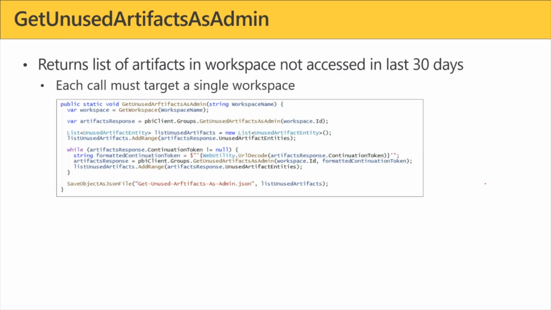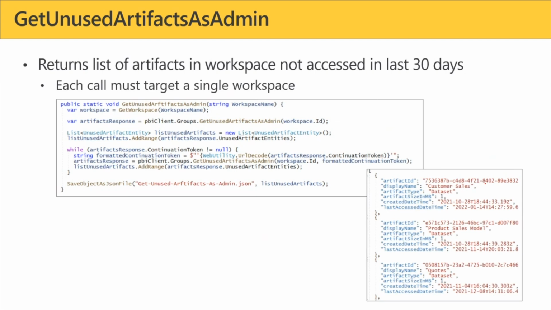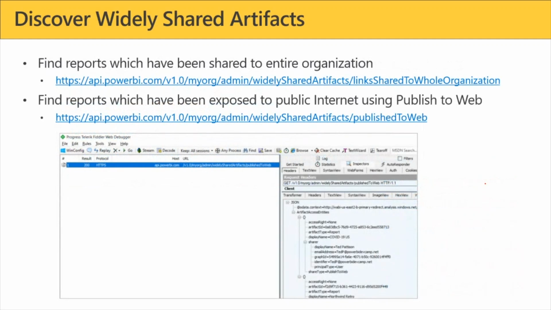We target one workspace when we make this call, but now it's going to give me back a set of artifacts that are 30 days or more since they've been accessed. Okay, currently we don't let you change that time, but you could look at the result and further trim it and say, that's the list of everything that's 30 days, but then I want to put another filter so I can find things that are only 60 or 90 days without being used. Okay, once again, something that we have to help you with governance.